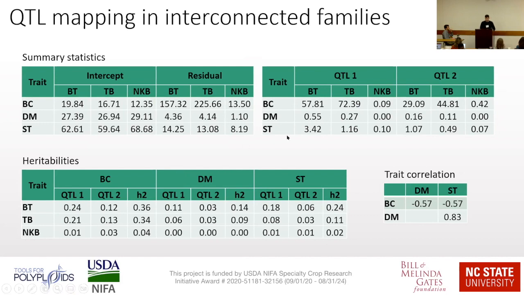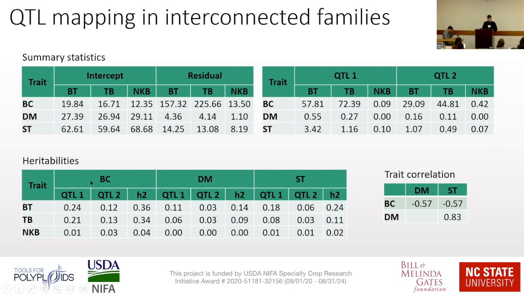And also we got the estimates of the variance components associated with the QTL for all positions and all the traits that were evaluated, and also the residual variances. By making use of them, we can calculate the heritabilities associated with all the QTLs for all populations and all traits that were evaluated. As you imagine, BT was the only population that was able to detect those peaks by itself, not using the information from the other populations.